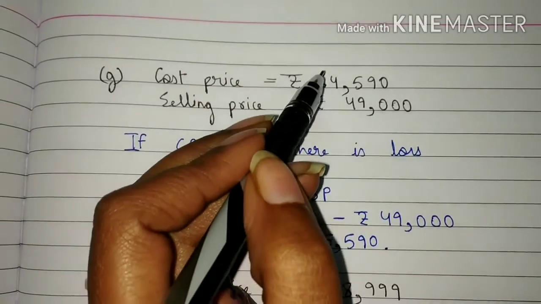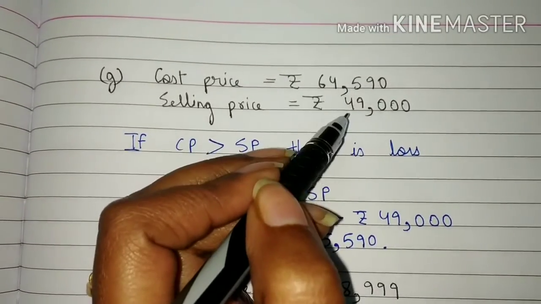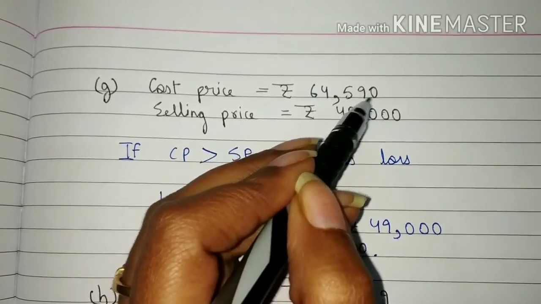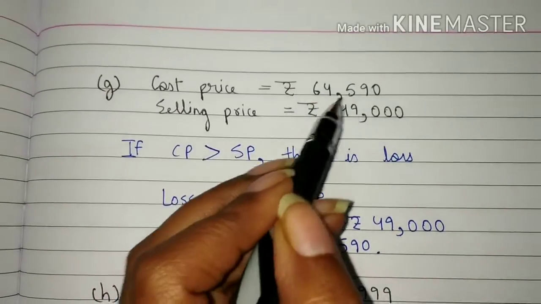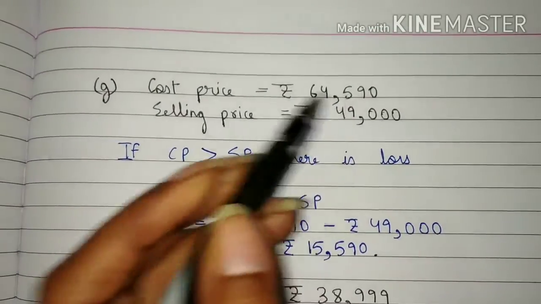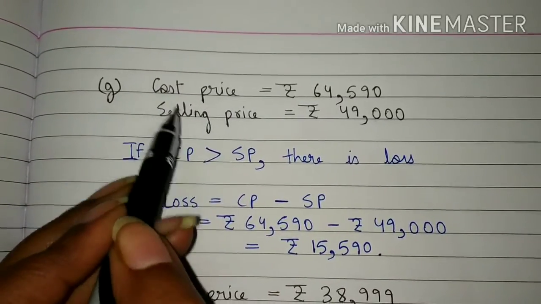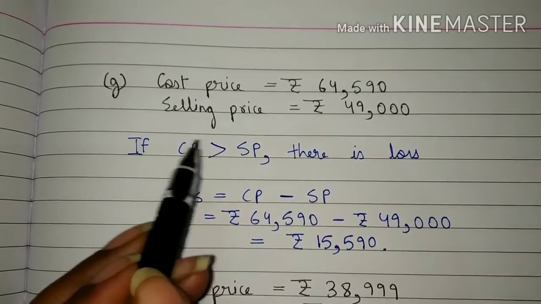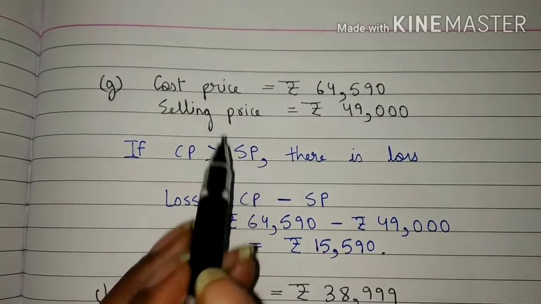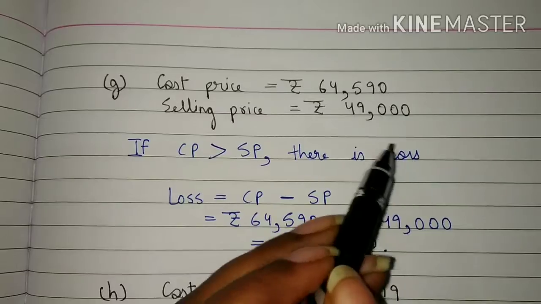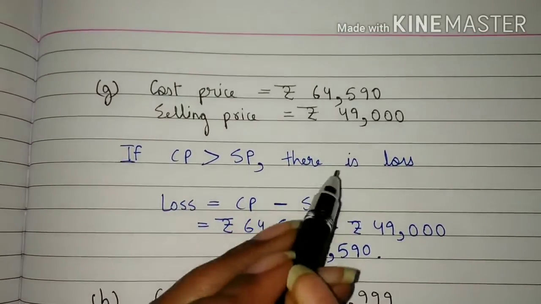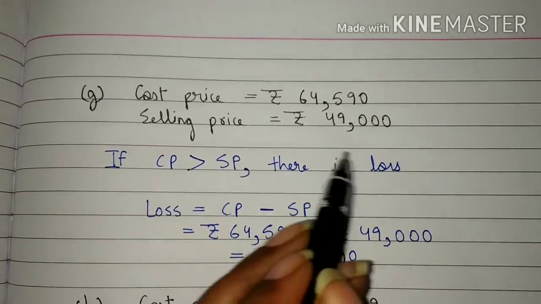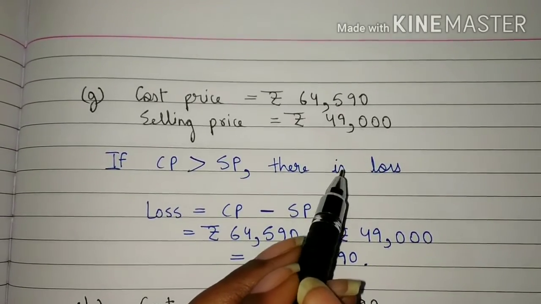Students, when you compare these two prices, you will see that rupees 64,590 is greater than rupees 49,000. It means cost price is greater than selling price. Students, we know that if cost price is greater than selling price, then there is loss. So students, in this we have to calculate loss and we don't have to find out profit.